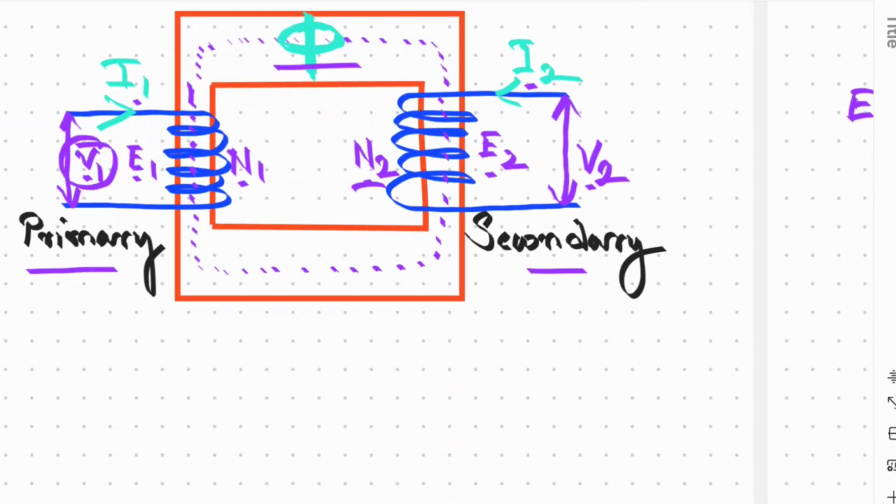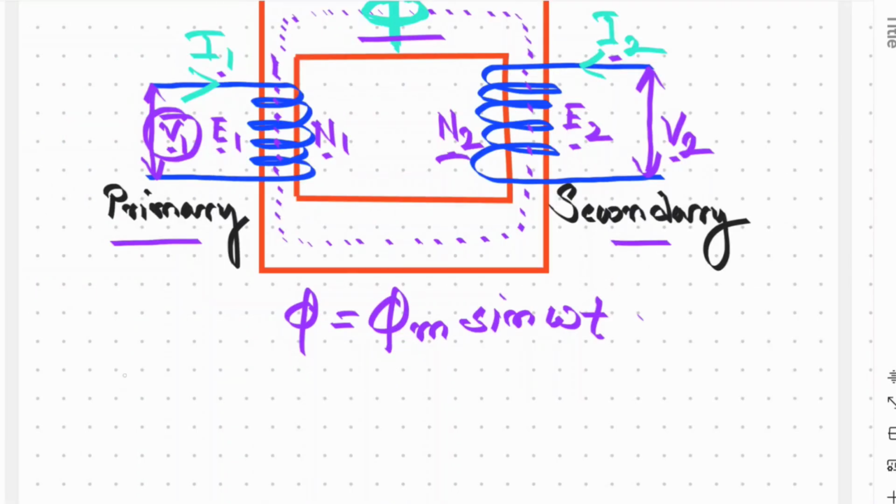When AC voltage is applied to the primary winding, a sinusoidal alternating flux phi is set up in the core. This phi is equal to phi m sin omega t. This time varying flux links with the windings and induces EMF according to Faraday's law of electromagnetic induction.